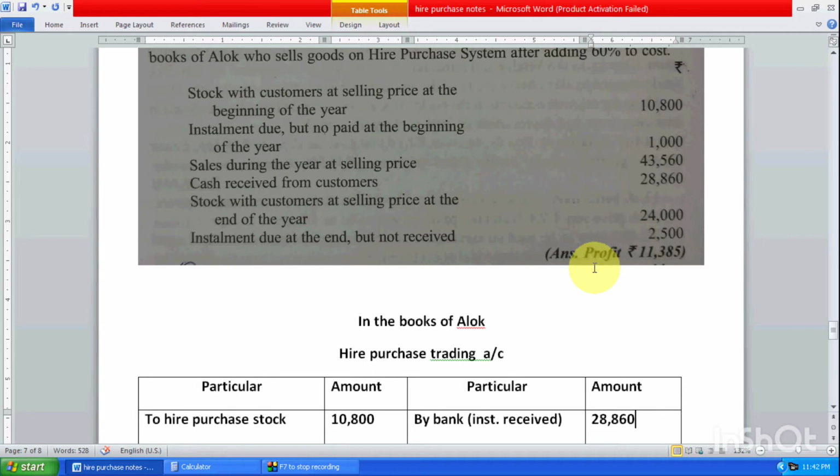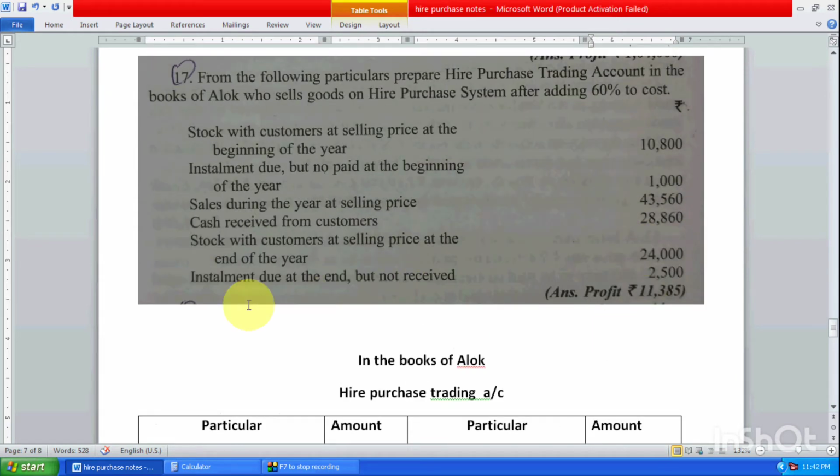So there is no return to vendor. Here profit we have to calculate. Installment due at the end but not received is there, but there is no return. Installment due but not paid at the beginning is there.